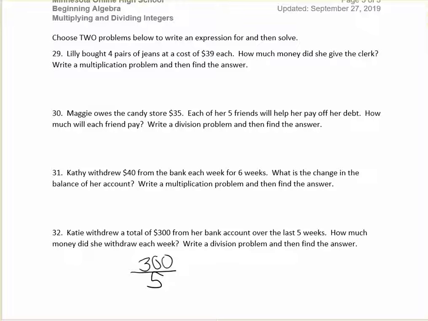So I wrote it like a fraction, 300 over 5, which is one way to show division. You can also write it using the division symbol. And the other way that you can write it, especially if you are typing, is with the backslash key, like that. All of those methods show division. And then all you would have to do is to find the answer in order to answer the question.